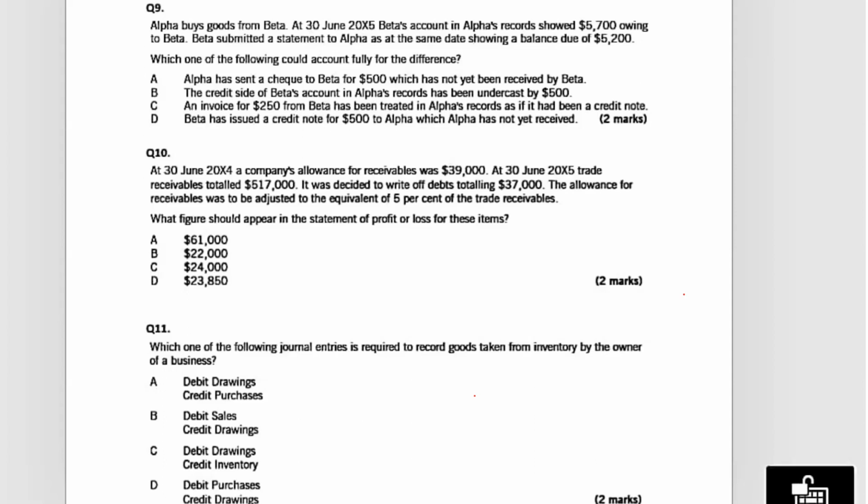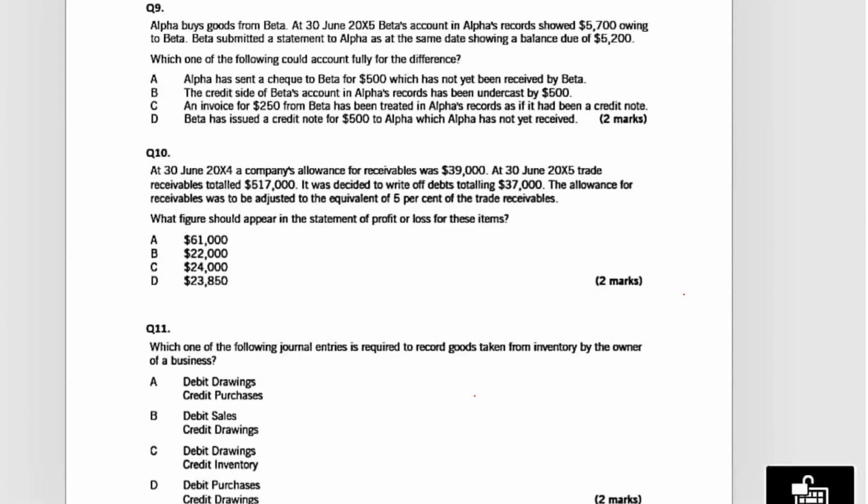Oh, number 10. Quickly, let's move to question number 10. Who is Madam Mainza? Would you read question number 10 for us? Right, sir. Question 10. At 30th June 2014, a company's allowance for receivables was $39,000 US.